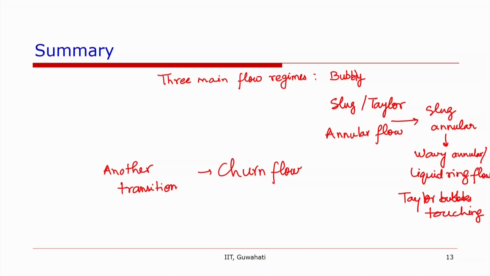So, we will stop here, and in the next lecture we will look at another flow regime map which has come from the microgravity flow regime map, and how it has been adopted for the microchannels, and then we will look at the different flow regimes. Thank you.